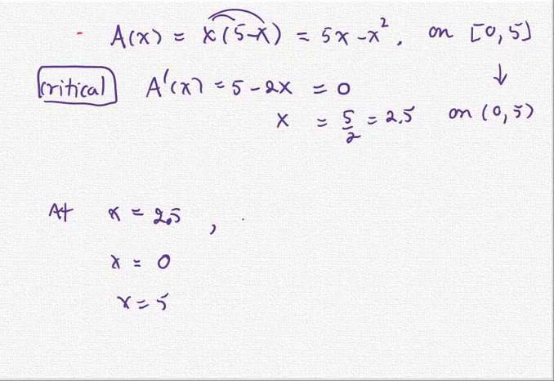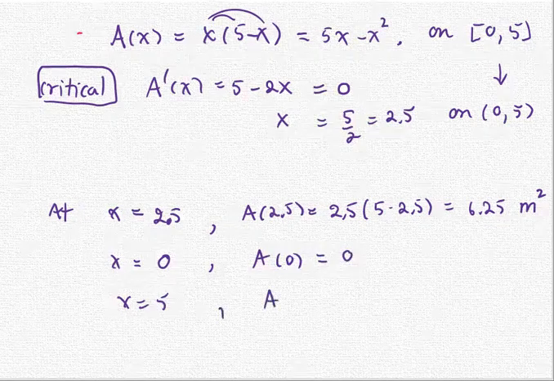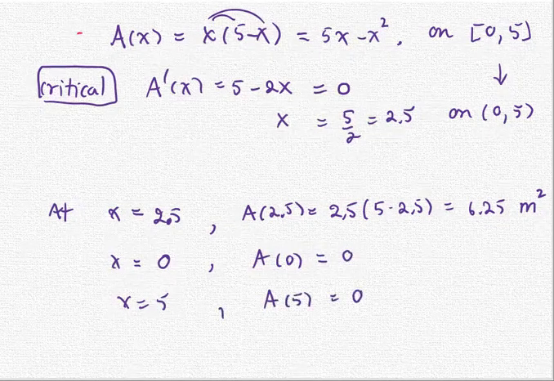At x equals 2.5, A of 2.5 equals 2.5 times 5 minus 2.5, which is 6.25. The unit is meters squared. And then the area at 0, one of the endpoints, is 0, and the area at the other end is also 0.